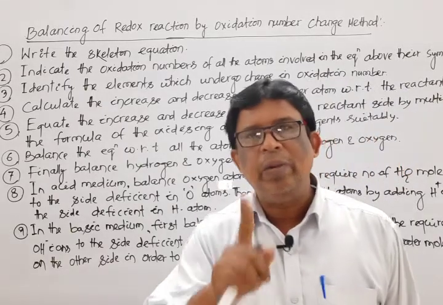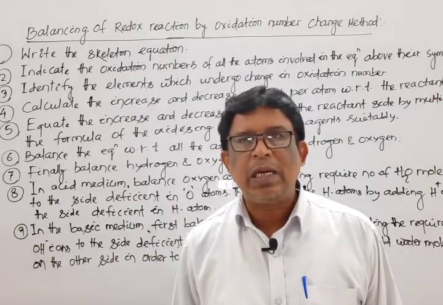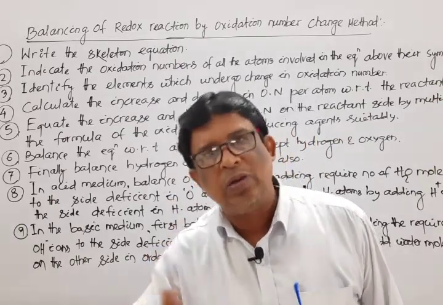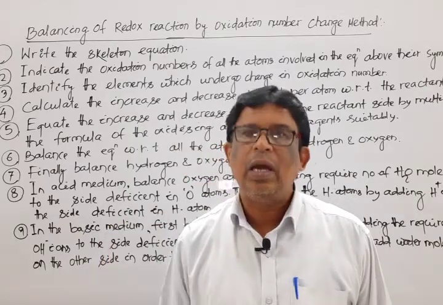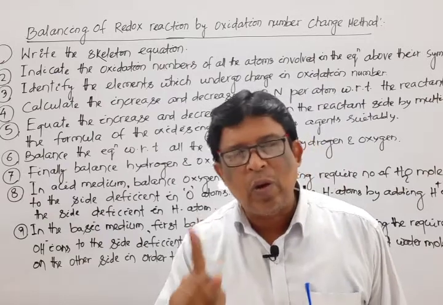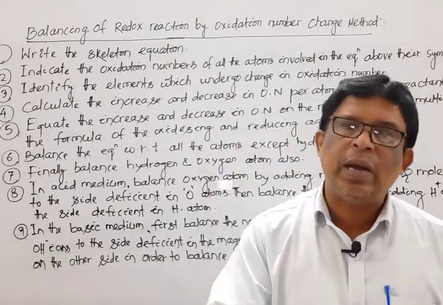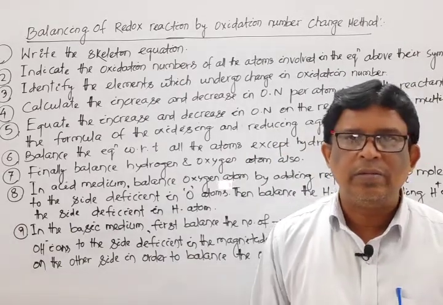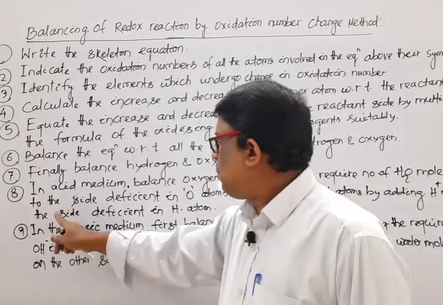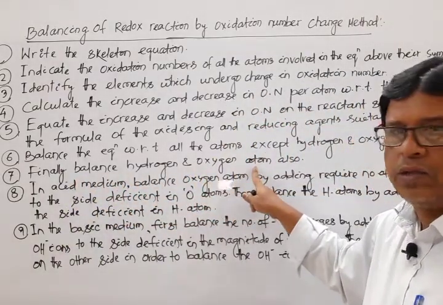And in alkaline medium, first balance the negative charge by adding OH minus ion to the deficient side of charge, and then balance oxygen atom by adding the required number of water molecules to the deficient side, simultaneously adding OH minus ion to its opposite side. Okay, mark that. Finally, balance hydrogen and oxygen atom also. How?